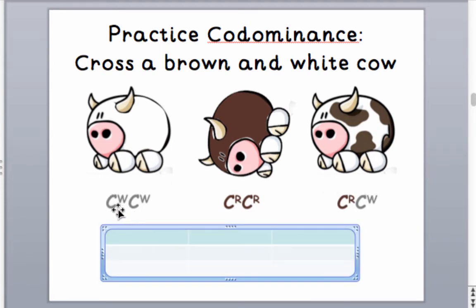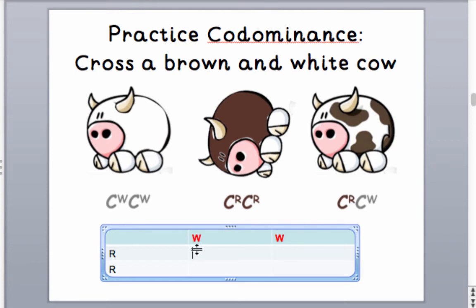In some cases, we can represent the genotype by writing a C and an uppercase W or a C and an uppercase R, but in this case, we're going to represent it simply with, instead of writing the C, just the allele, which will be W and W in uppercase. Let's make this a little bit darker so you can see better. And let's represent the brown one with an R and an R. Once again, I don't have to write the C, although if you want to, that will be extra points.